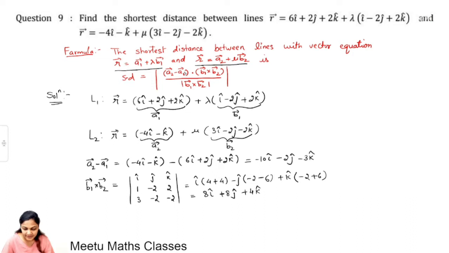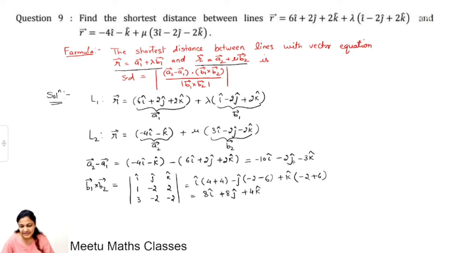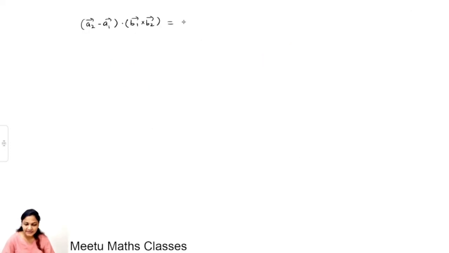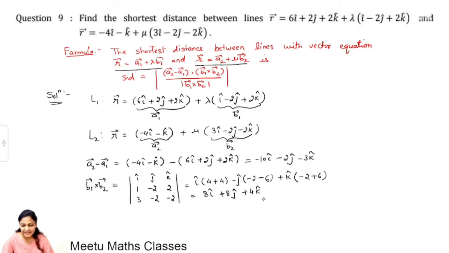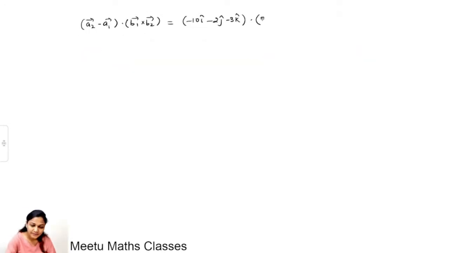Now we are supposed to find out the dot product of these two vectors. So the dot product of a2 minus a1 and b1 cross b2: a2 minus a1 is minus 10i minus 2j minus 3k, and b1 cross b2 vector is 8i plus 8j plus 4k.